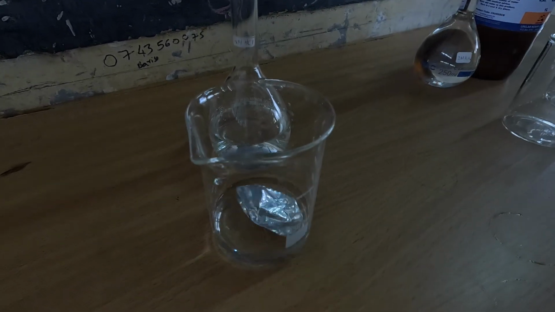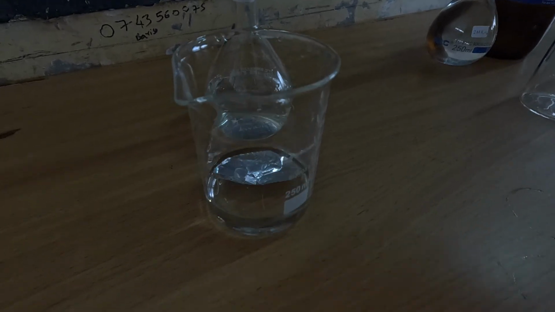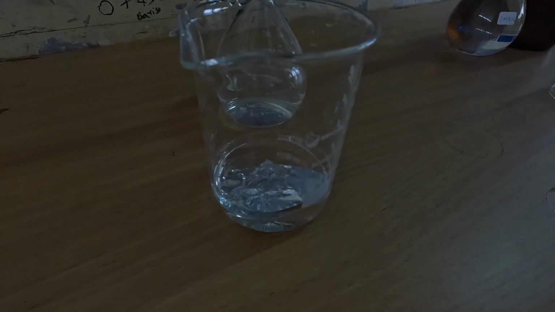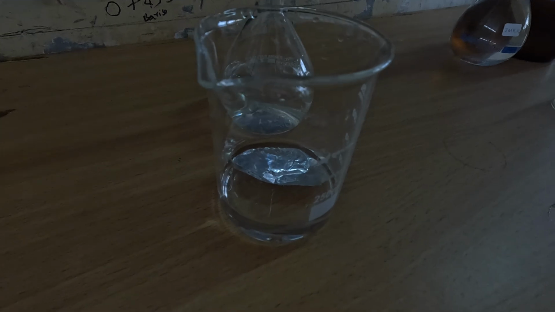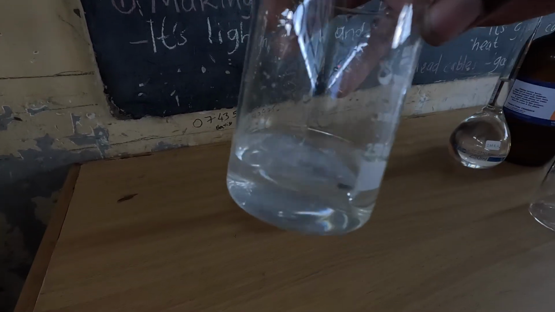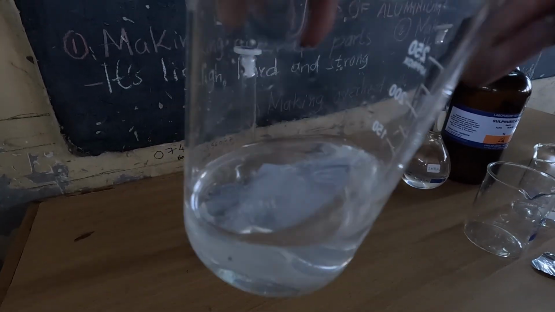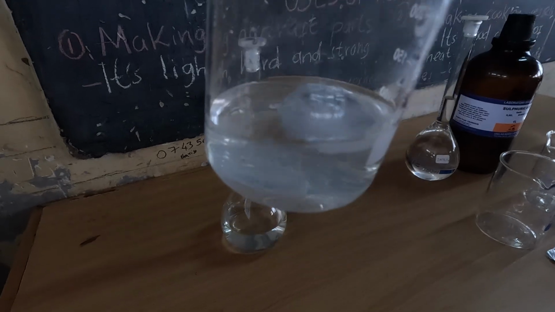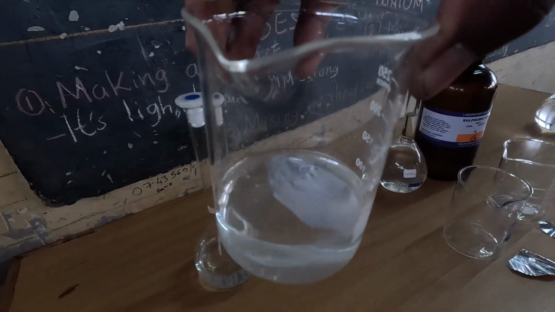The reaction might take some time to start, because first there is a coating of aluminium oxide on this foil, but after that it is going to get depleted very fast. So just looking inside here, the reaction starts slowly, because first it has to remove the coating of aluminium oxide that was formed on the aluminium foil.